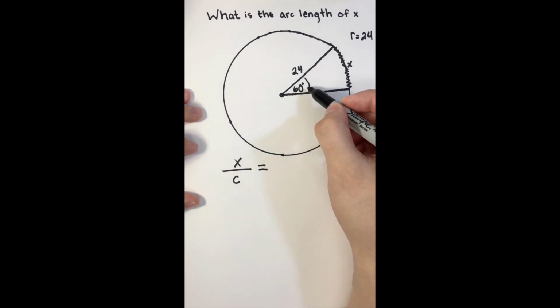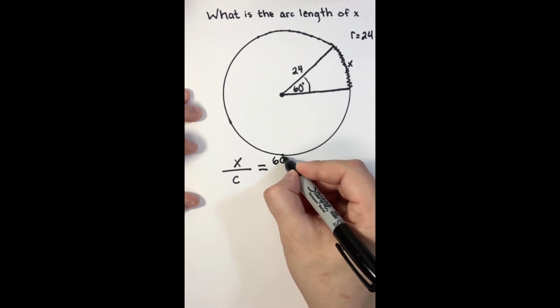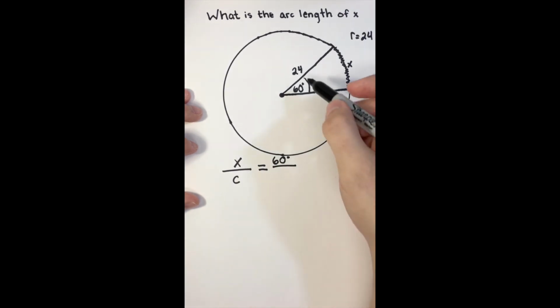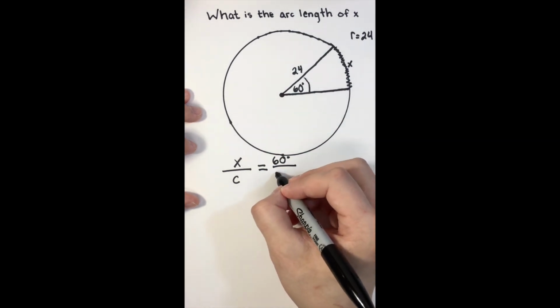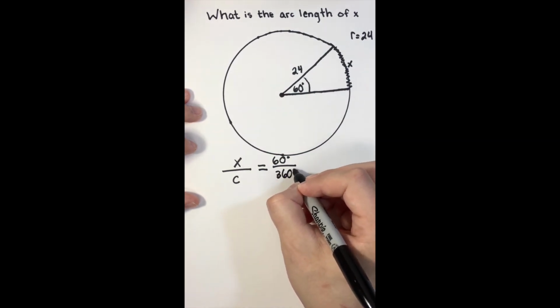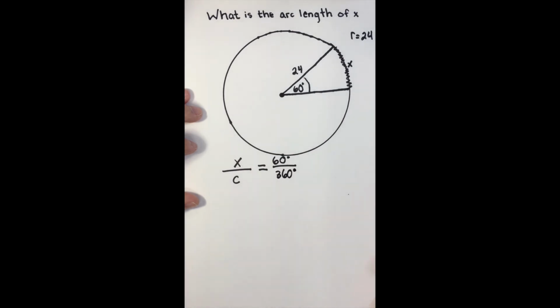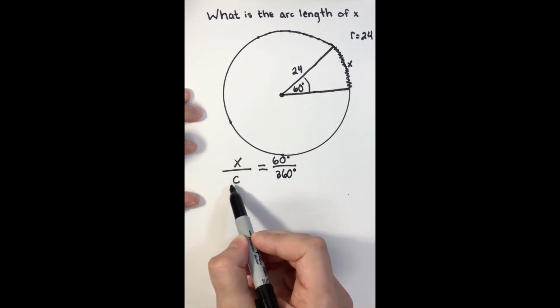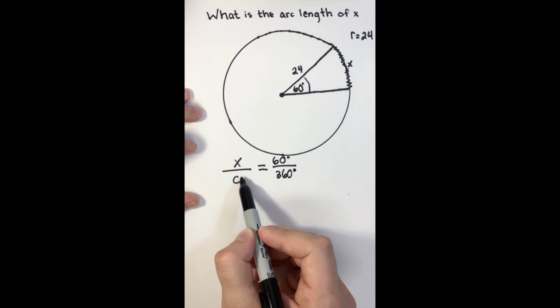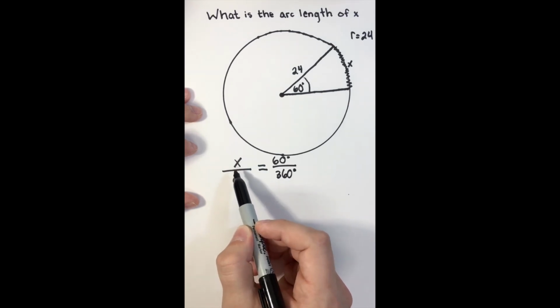That should be proportional to this 60 degrees compared to the total degrees in this circle, which is going to be 360. Okay? So now I have 2 variables. So I'm going to actually solve for the circumference so I can get an actual number down here, so then I can solve for x.